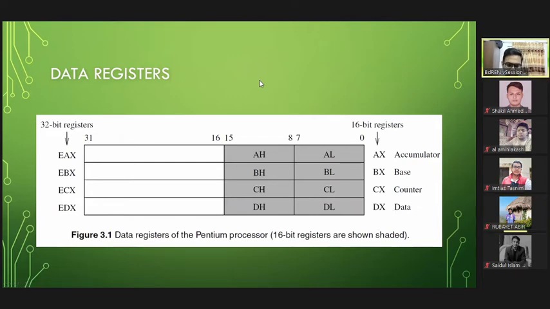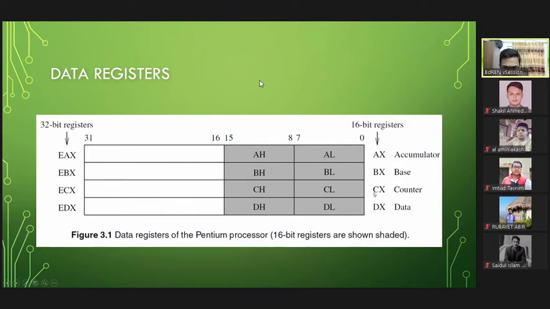In this 32-bit register, we can divide it in three different ways. First of all, we can use the entire 32-bit register at a time. If you use the entire 32 bits at a time, the name of that register will be EAX. If you use the first 16 bits of the register, the name will be AX.